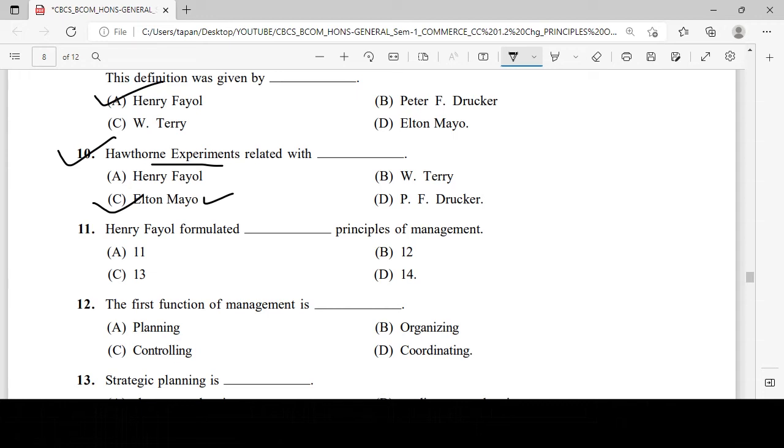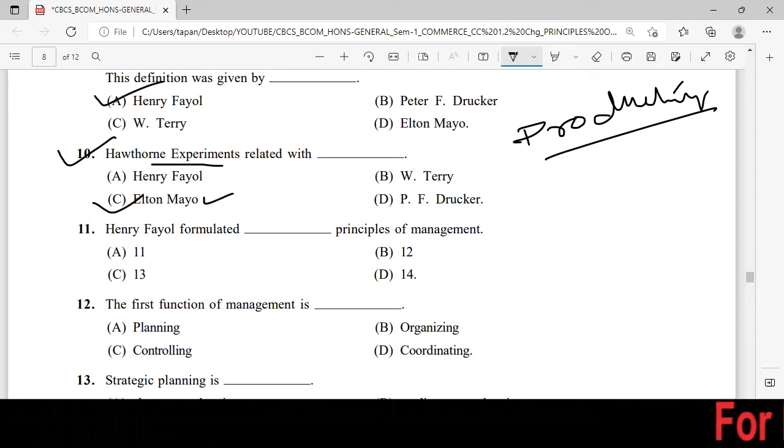The best lighting to maximize productivity, how to increase productivity. He wanted to show the effects of lighting on productivity.